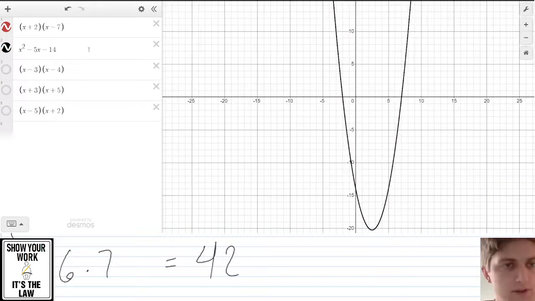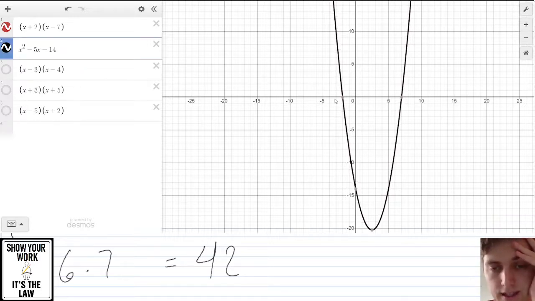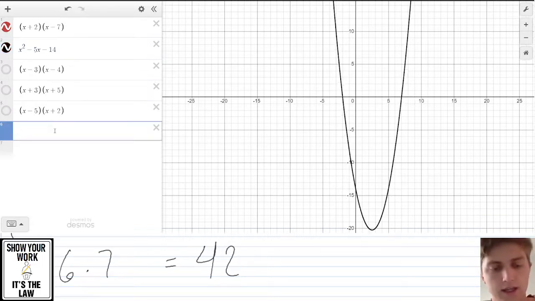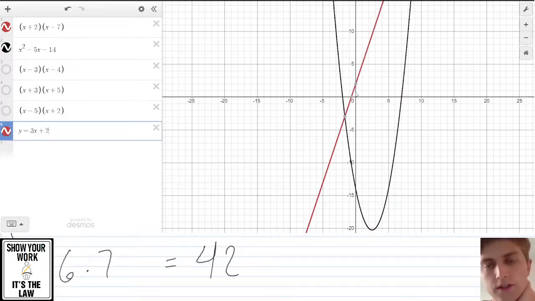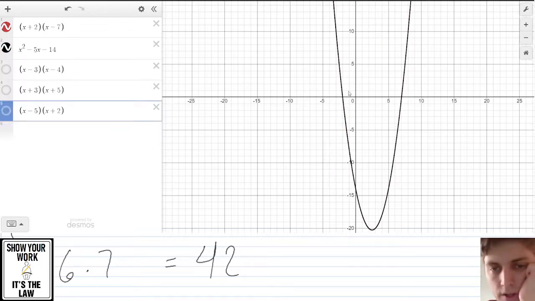Now, if you look, there's special points where it crosses the x-axis. Just like when we graph a normal line, like y equals 3x plus 2, there's a special point where it crosses one of our axes. This positive 2 here, you can see right here. So in a similar way, where we cross our x-axis, we can actually see this in the original equation.